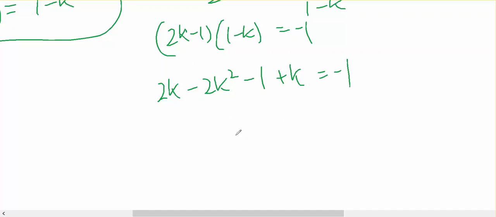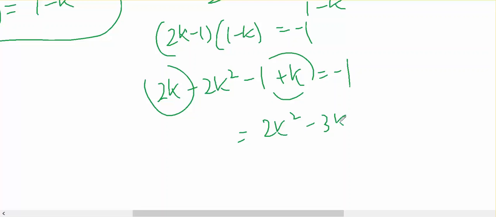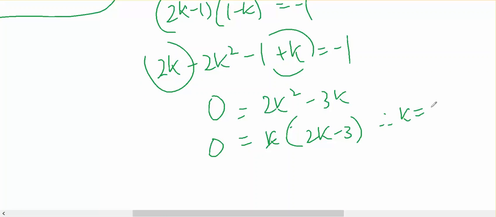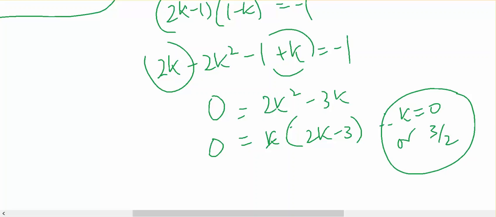So if I move everything to the other side, I'm going to have 2k squared, this and this is 3k, minus 3k equals 0, and the 1s and the 1s will cancel. So 0 equals k times 2k minus 3, therefore k equals 0 or 3 on 2 will be my answers.